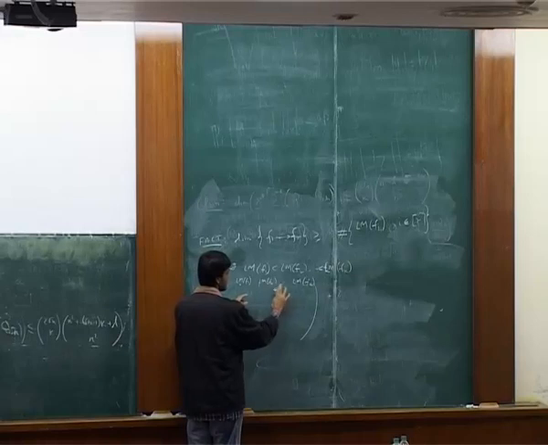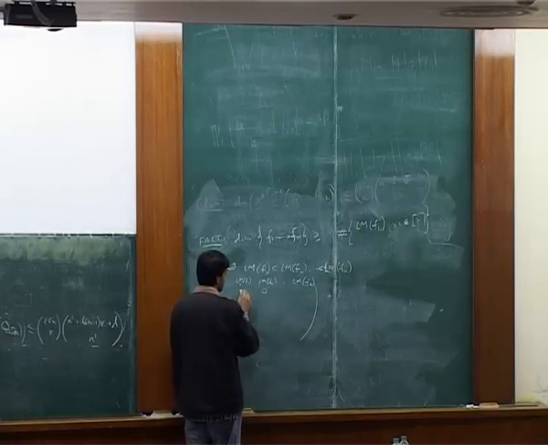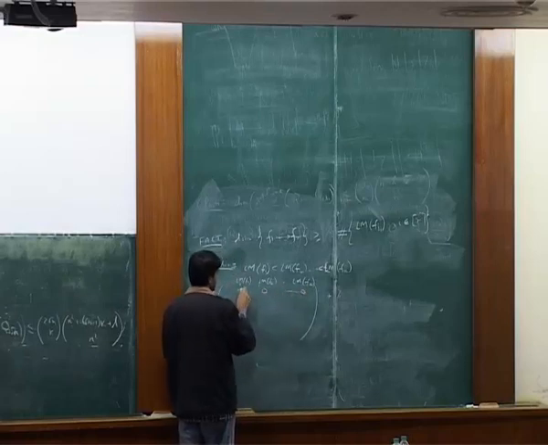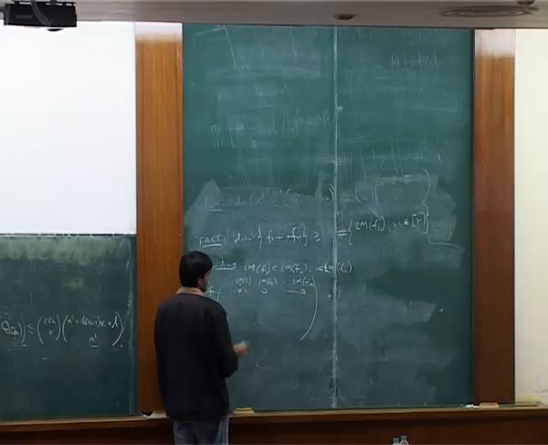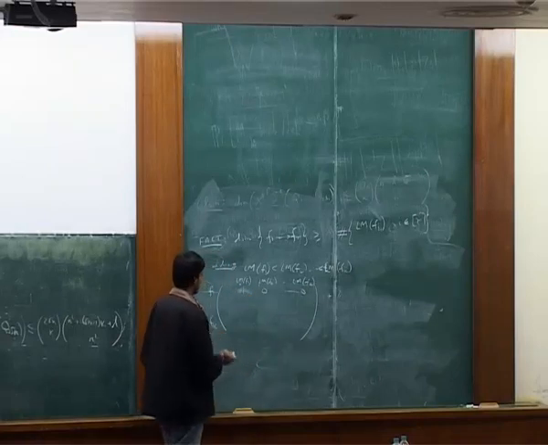That means all these monomials do not appear in f1. So these are 0, and this is non-zero. Let's say 1. Okay.